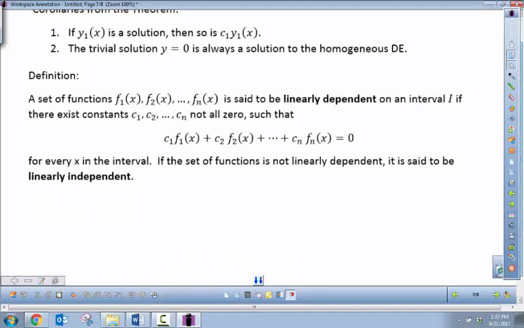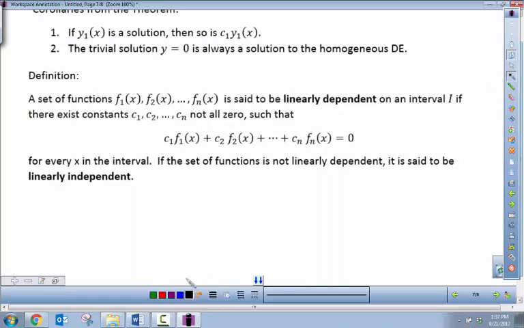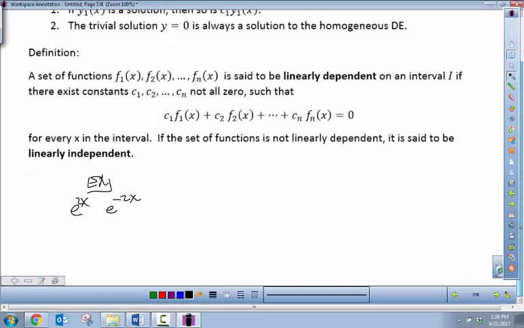So let's take a look at an example. e to the x and e to the 2x and e to the negative 2x. Those are the solutions that we found earlier. So the question is, are these linearly independent?